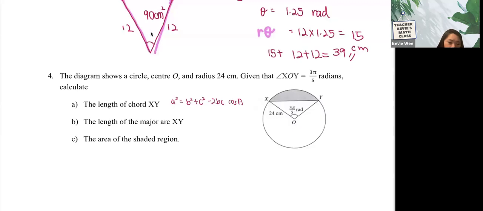So your A is your XY square. Your BC is the same, right? Very good job, Denzel. That's correct. Excellent. Your BC is the same, which is your radius.